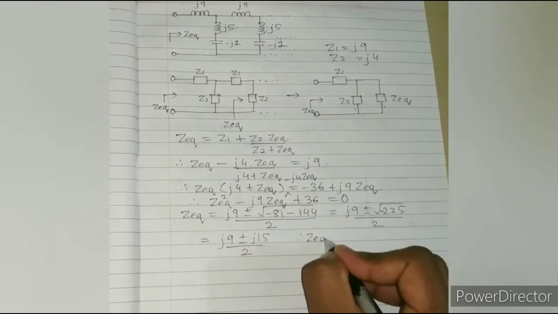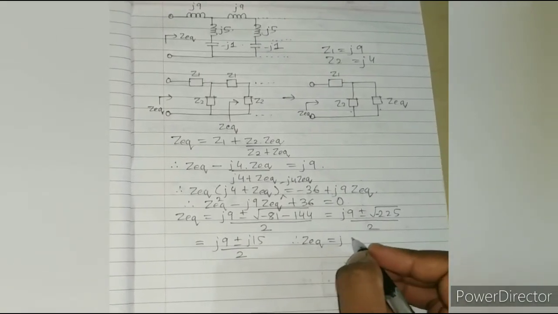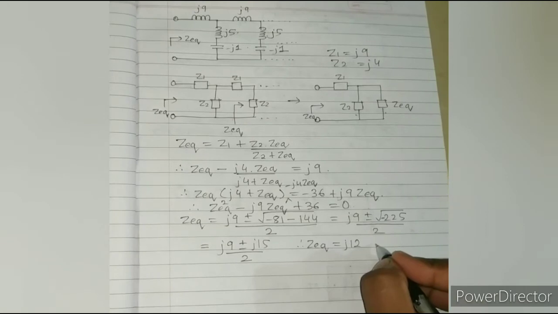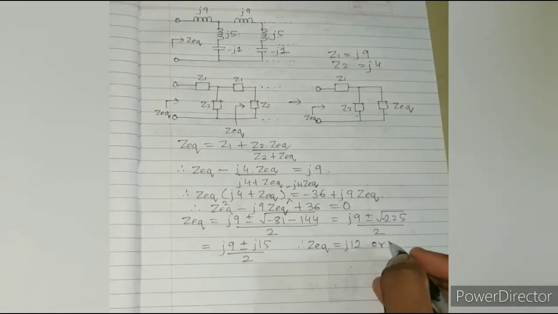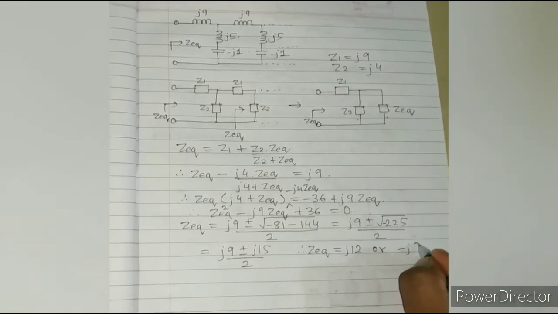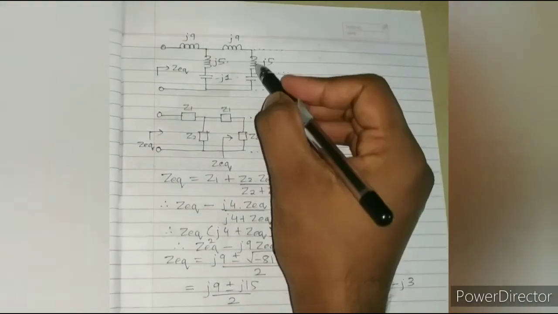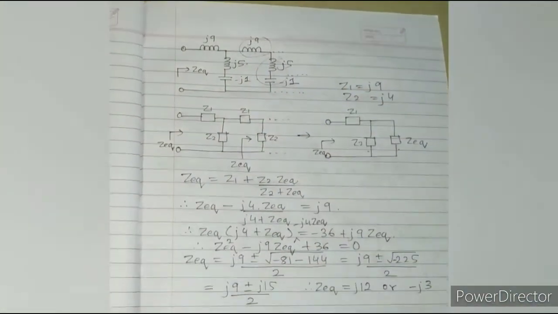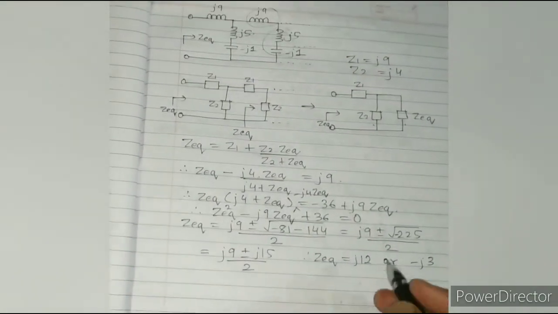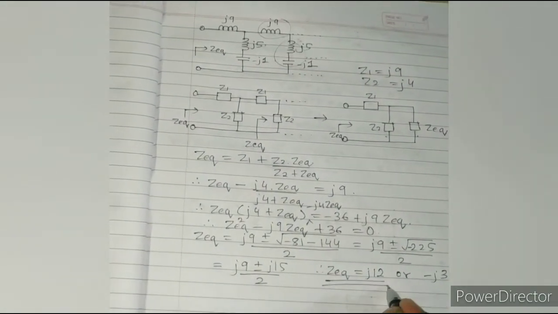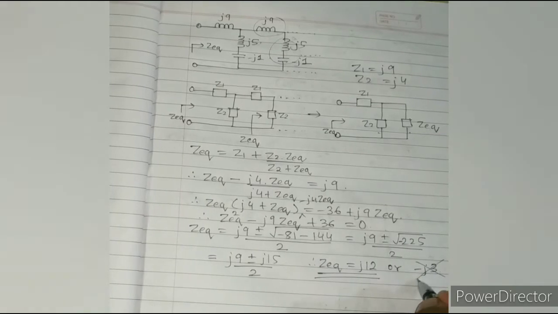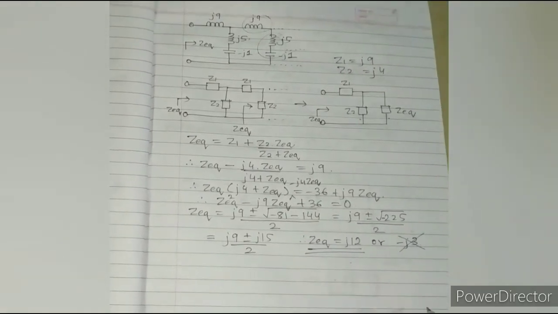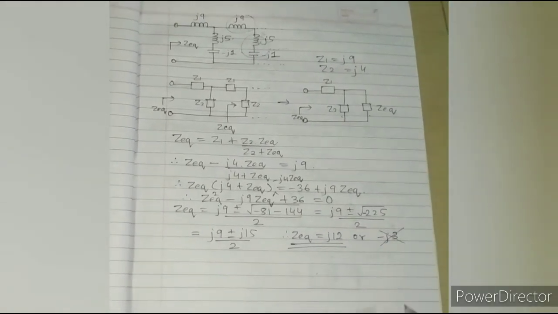Therefore Z equivalent is equal to J12 or minus J3. Equivalent of J5 and minus J1 is J4, which is in series with J9, and thus it forms an inductive circuit. So Z equivalent should be inductive, therefore Z equivalent must be J12 and not minus J3. So answer is option A.